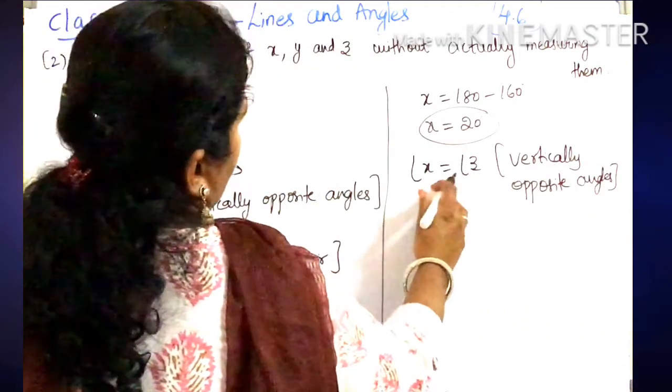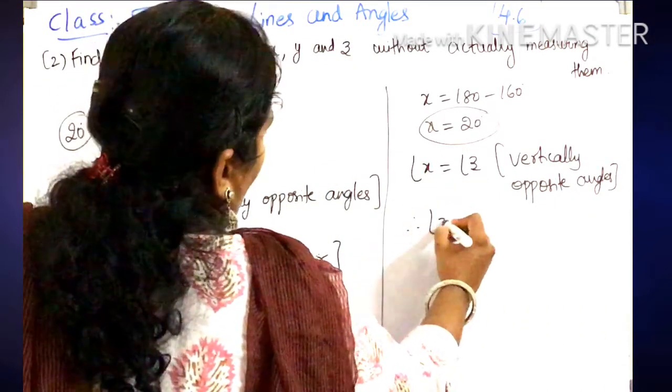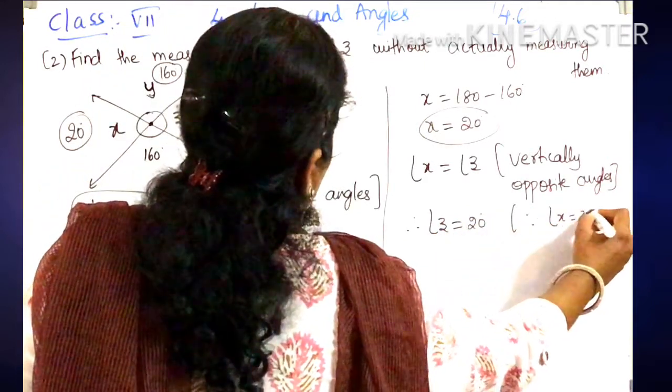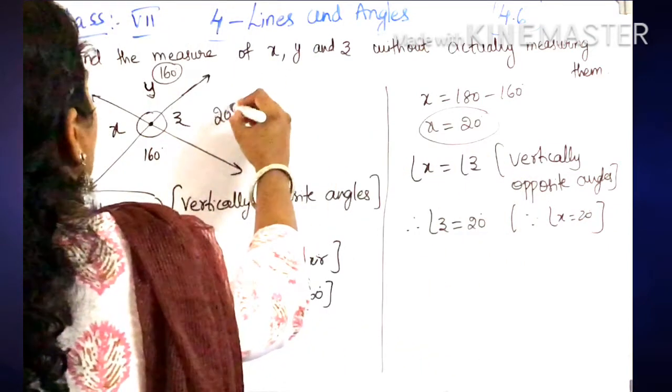So angle x equals angle z. Therefore angle z is also 20, since angle x is 20. So here you got z as 20.